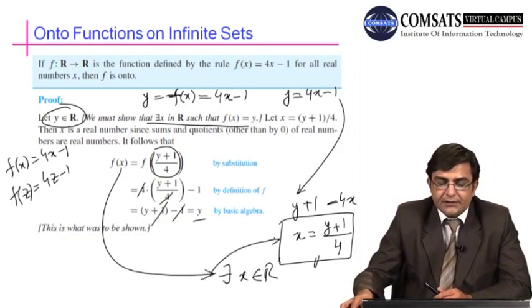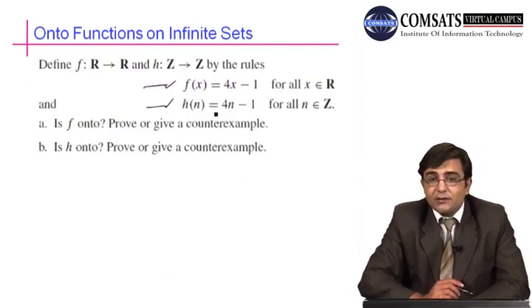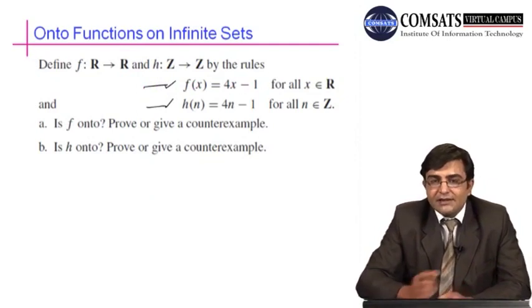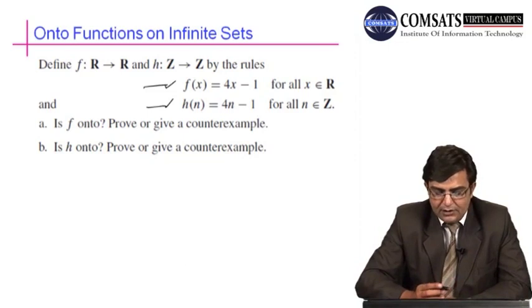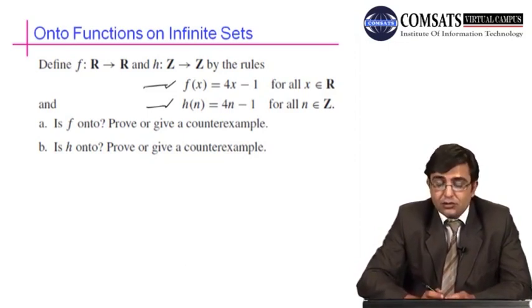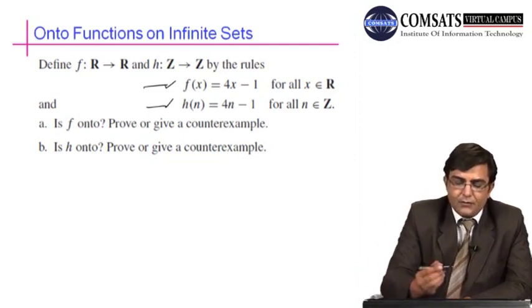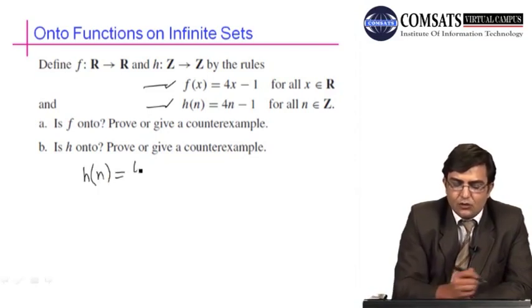Now we take the other function which is given here, h of n equals 4n minus 1. We apply the same procedure as we have applied on the first example, but here you will see that this function is not an onto function. h of n is basically 4n minus 1.